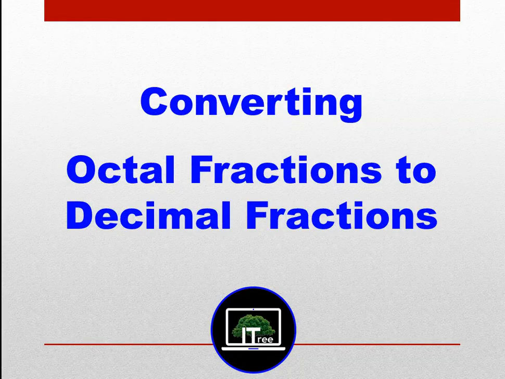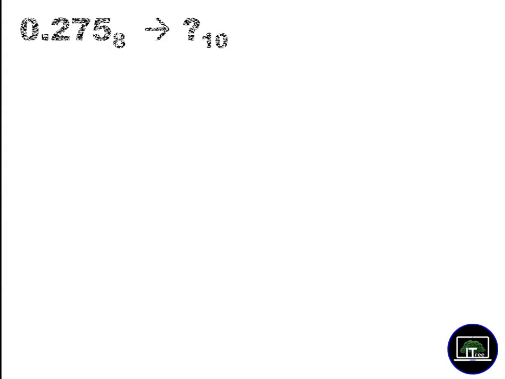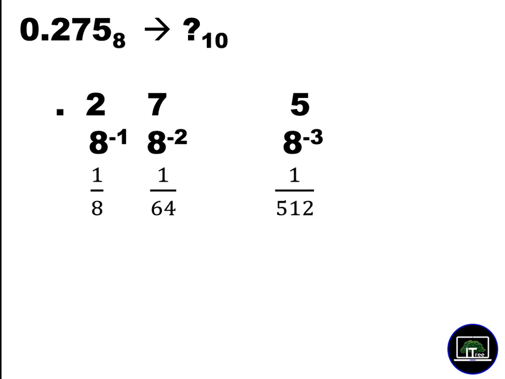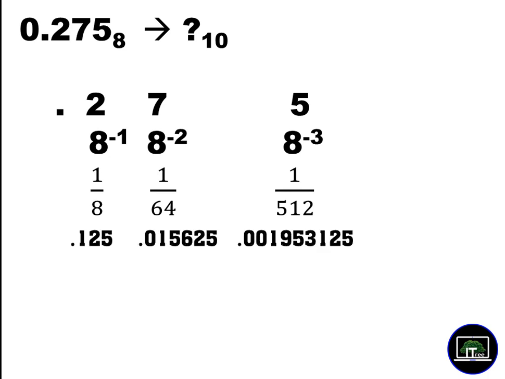Okay, now we're going to convert octal fraction to the decimal fractions. You multiply by 8 to the power minus 1, 8 to the power minus 2, 8 to the power minus 3. You get the value 1 divided by 8, 1 divided by 64, 1 divided by 512. You don't remember these values.